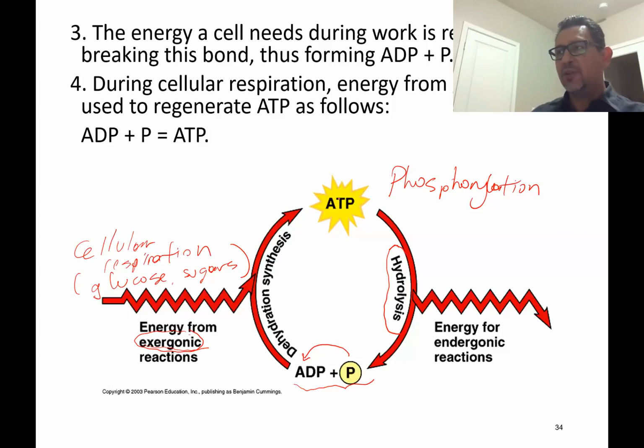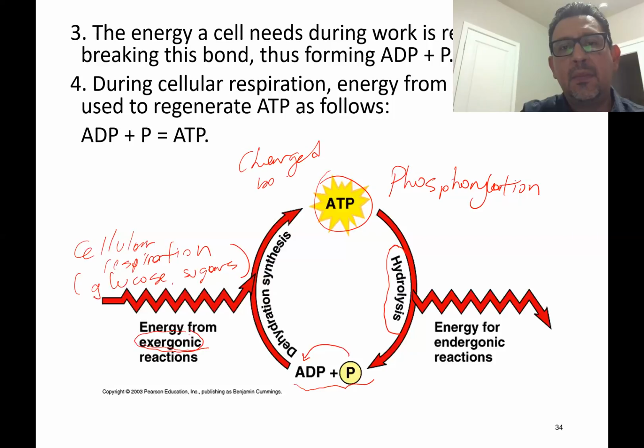Just one more analogy, and I will move on to another topic in my next video. The analogy is this. I like to think about ATP, adenosine triphosphate, as a battery that is charged. A charged battery may be like the battery in your cell phone, maybe the battery in a calculator, maybe a battery that is used to power any kind of instrument you depend on on a daily basis.